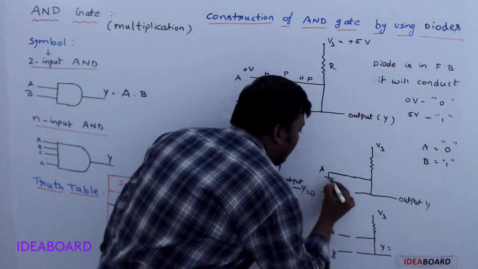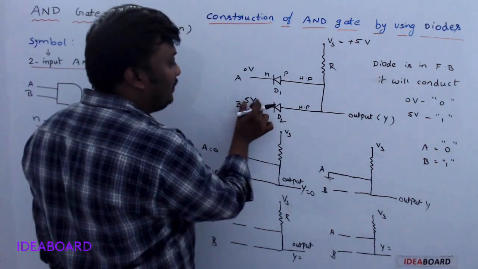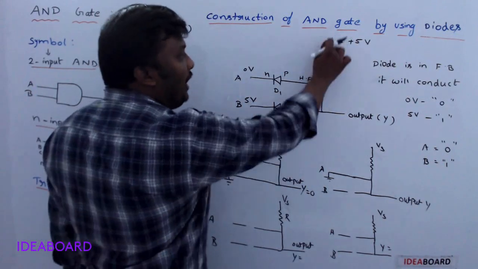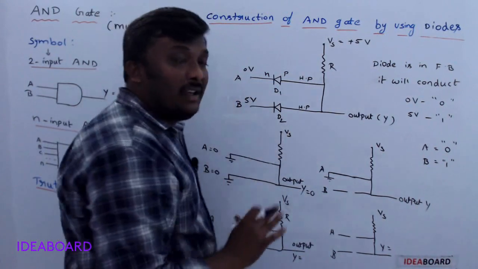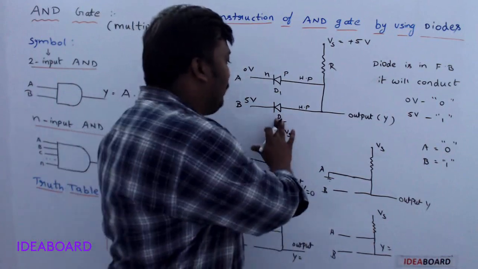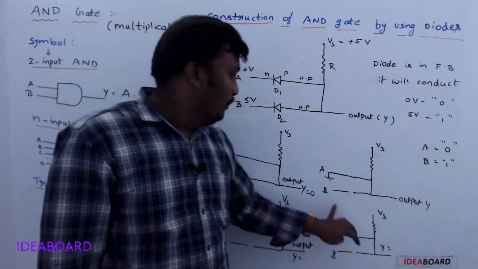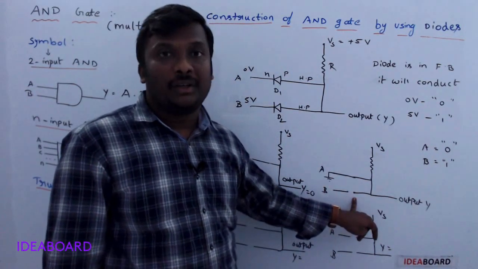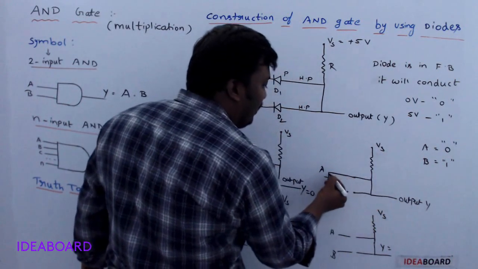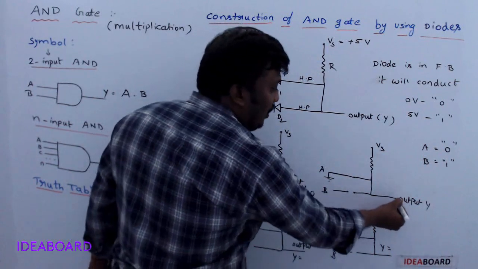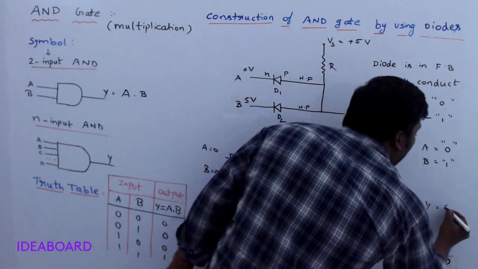So it is earthed. What about B? Here the applied voltage is 5 volt and here also 5 volt. That indicates D2 is not in forward bias, so it will not conduct current. Now see, the output is directly connected to the ground. That indicates the output is 0.